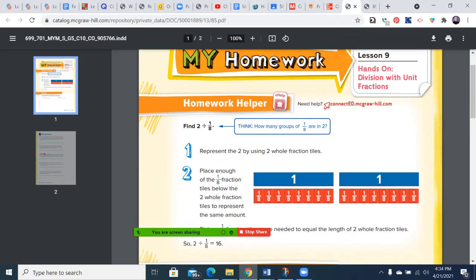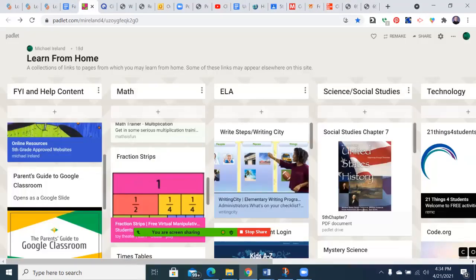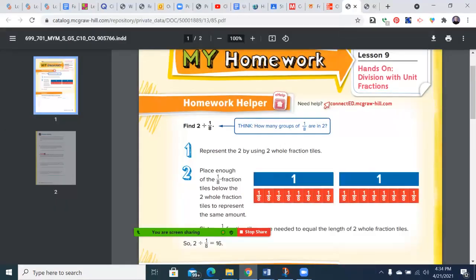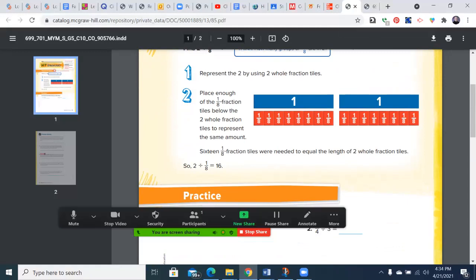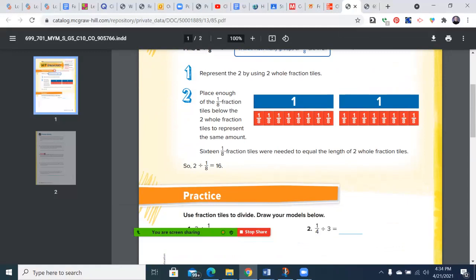We have the division fraction tools here, and I will be modeling with those. I know there is a link on our Padlet, which is linked in our Google Classroom, but the fraction strips are under the math if you want to use them. So we're going to note that 2 divided by 1/8 is going to give us a bigger number.